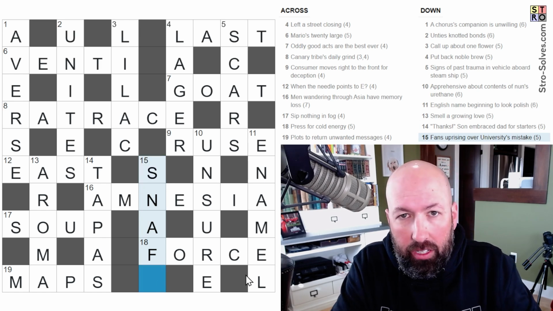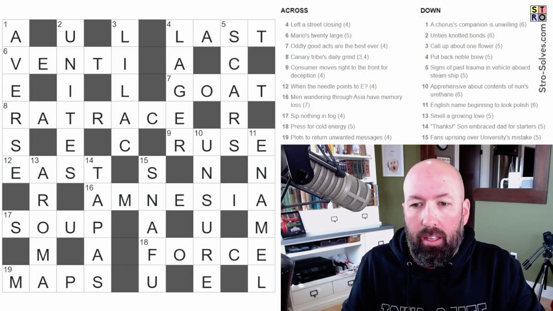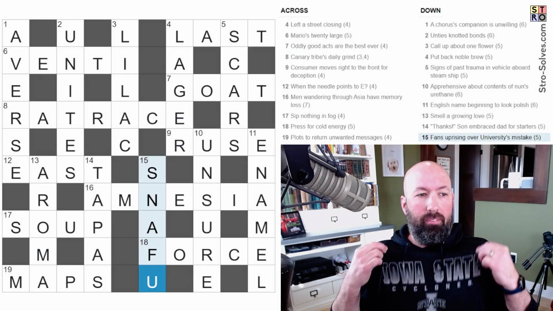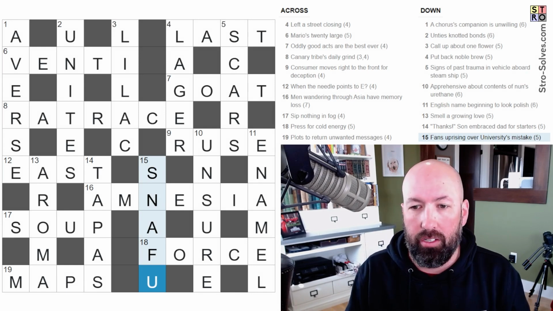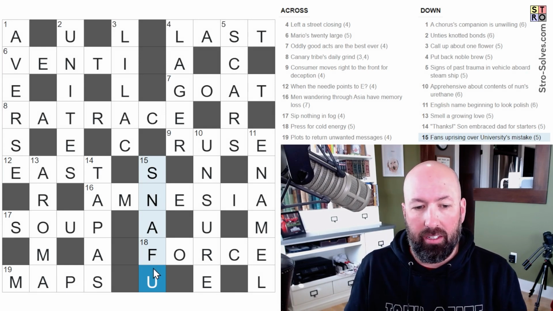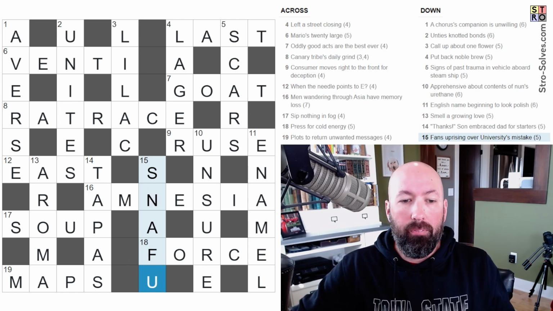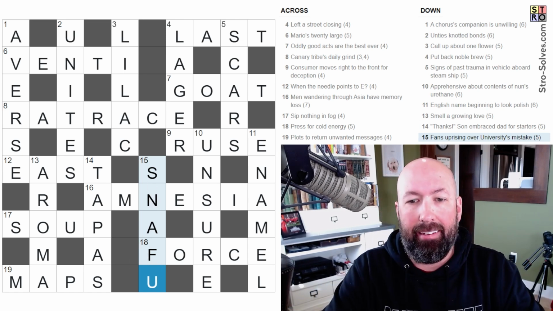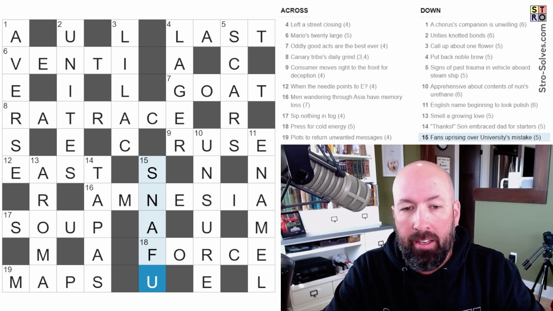Well, university is often abbreviated as U. For example, Iowa State University, ISU. U is for university. So we have fans uprising, it's over a U, and it means a mistake, a snafu is a mistake. And there you go. So that is all of the clues in this cryptic crossword.